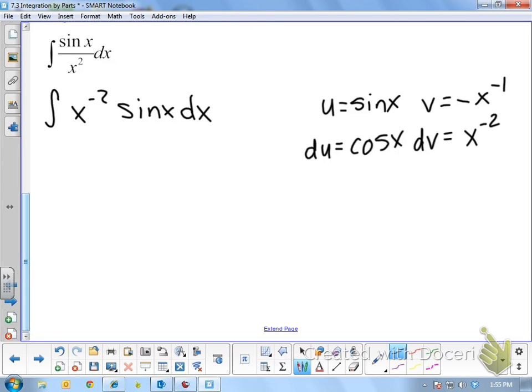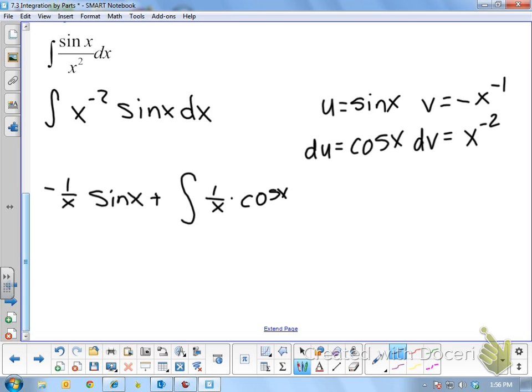So we would get uv, so negative 1 over x times sine x minus v du, so plus, since we have a minus minus, 1 over x times sine x. Nope, du, not u. Sorry, cosine x.